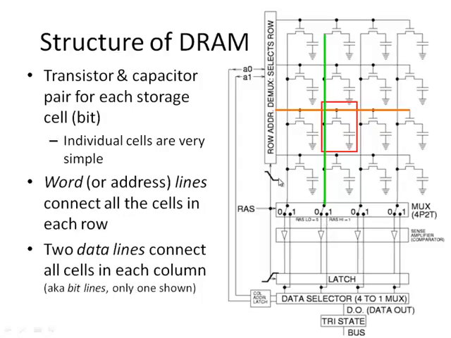So by setting a value to activate a particular address line and setting a value to activate a particular column, then you can address an individual memory cell, an individual bit of memory. So each of these cells in red is going to store a single 0 or 1 value. And if we know which address line it's in, if we know which column it's in, then we can address and refer to that one cell.